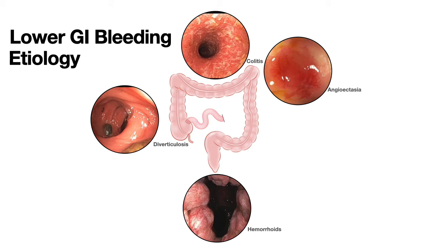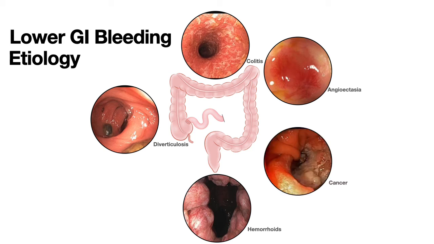If a patient has weight loss and some change in the bowels before he presents with hematochezia, consider the possibility of cancer that has bled and caused hematochezia. So we talked about diverticular bleed, angioectasia, hemorrhoidal bleeding, colitis, and cancer.